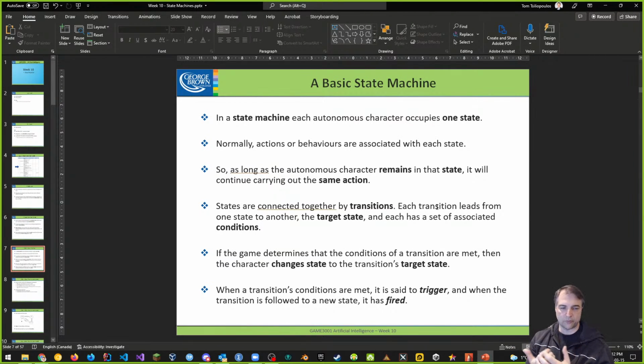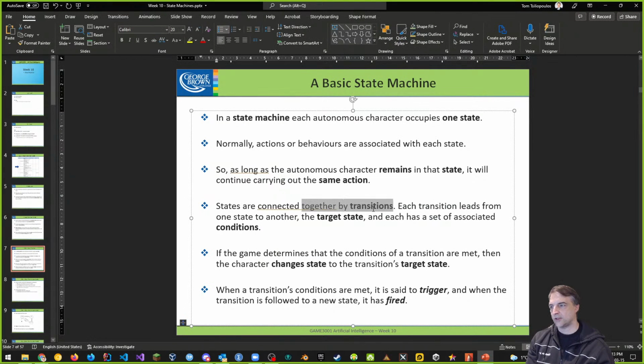An example of this would be if I'm in the patrol state, and I'm the autonomous agent, then I'm going to keep wandering around and patrolling. And if I see the player, through line of sight, sensing radius, or whatever, then it will make me transition. This is the transition, which is a connection from one state to another state. It'll make me transition from the patrol state to another state.